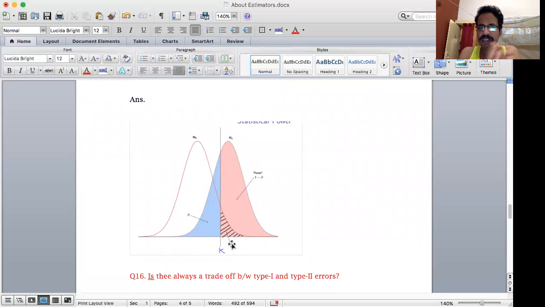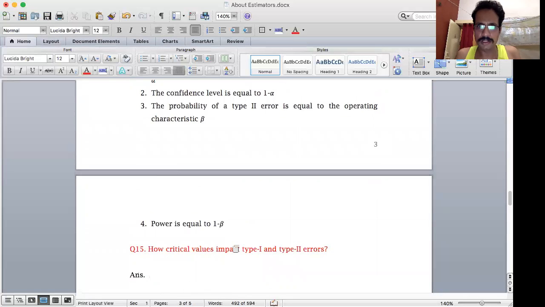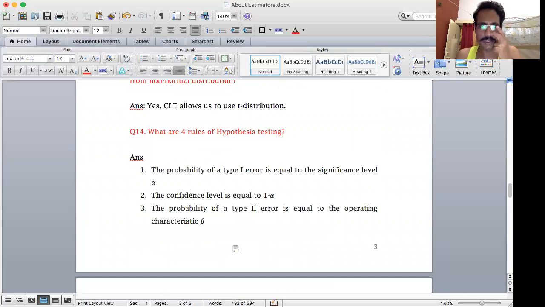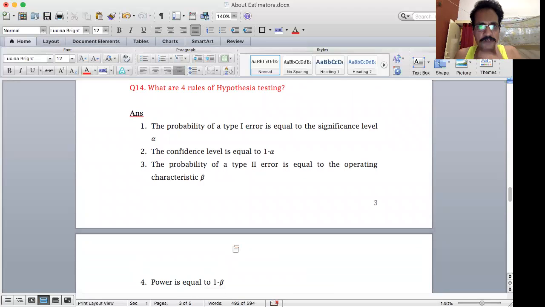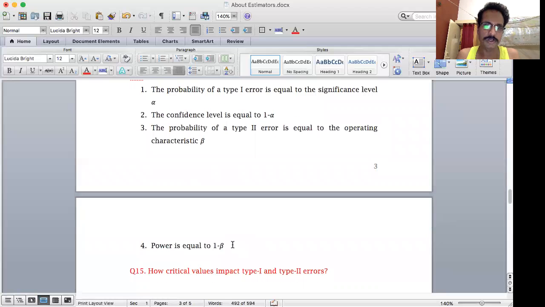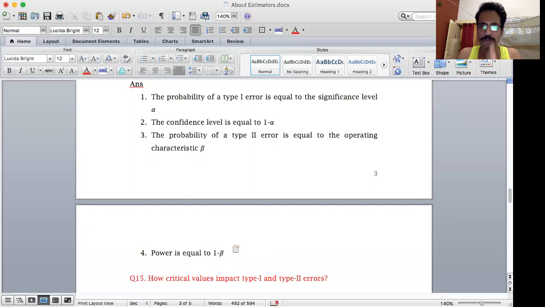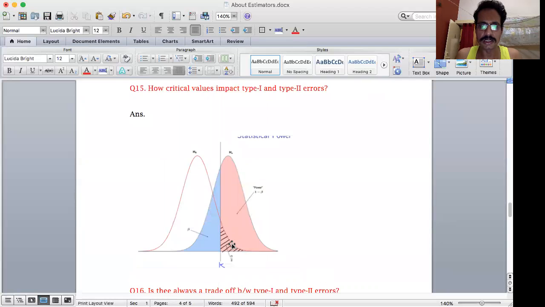So if you increase your k, your type 1 error reduces. If you increase your critical values, you increase your confidence interval from 95% to 99%. Your type 1 error probability reduces, but your beta, the type 2 error probability, goes up.